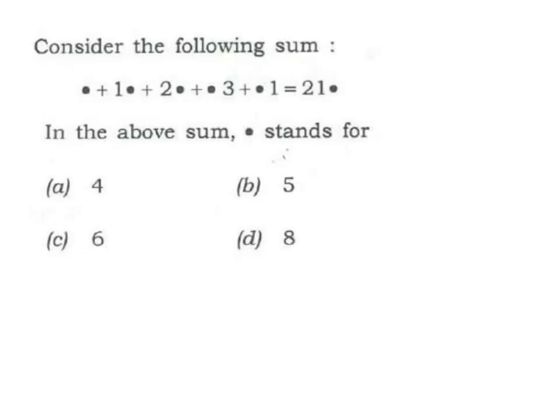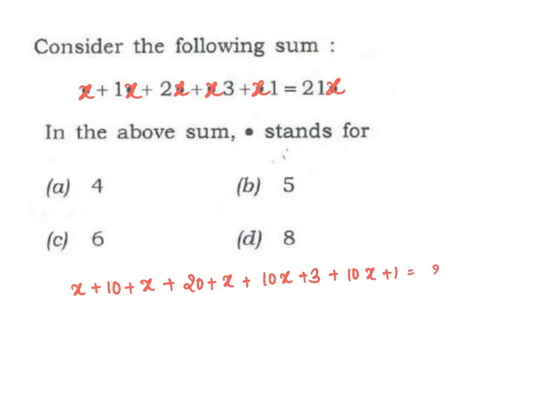Consider the following sum. In place of dot, you put x. So imagine like this is x and 1x, 2x and x3, x1, 1, 2, 1x. So take it as the value of x is x, the value of 1x is 10 plus x, 2x is 20 plus x, 3x, x3 is 10x plus 3, x1 is again 10x plus 1, overall 210 plus x.